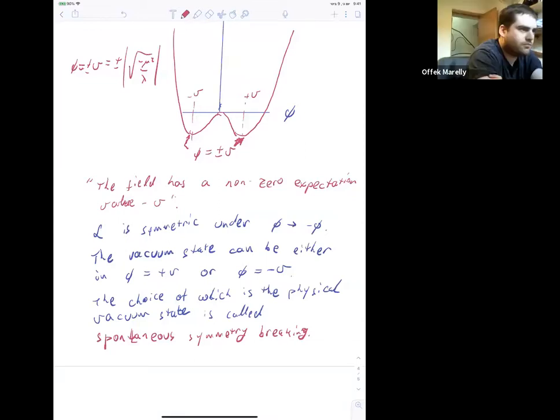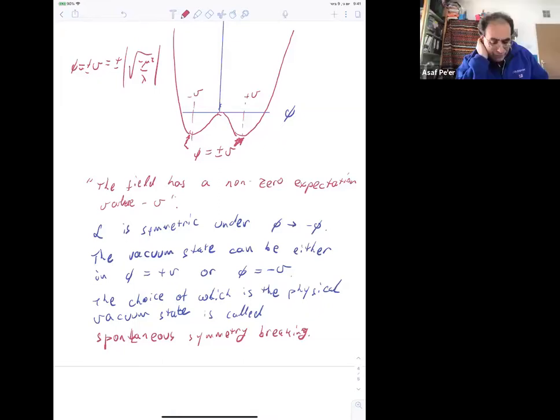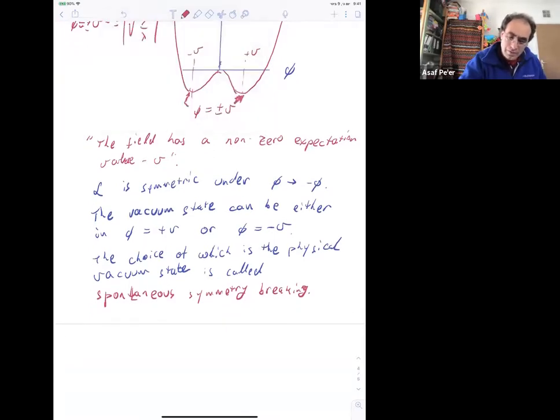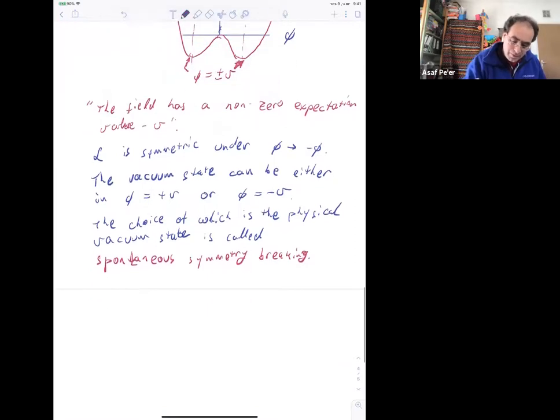Yes. Okay. Now, of course, without loss of generality, let's take the vacuum state to be in the positive direction, right? So assume, without loss of generality, that phi is at plus v.